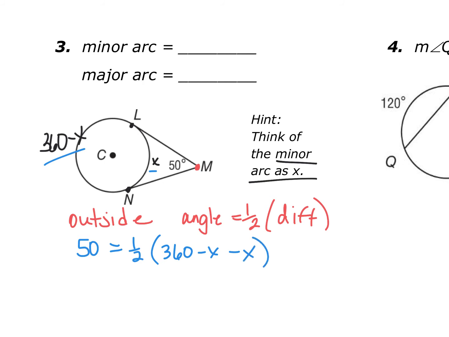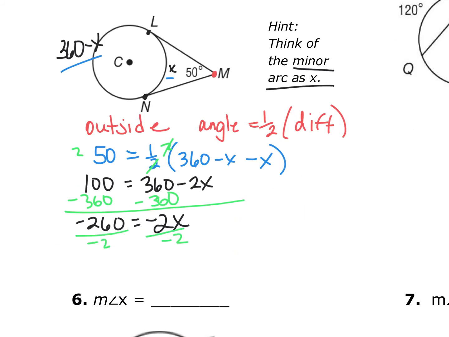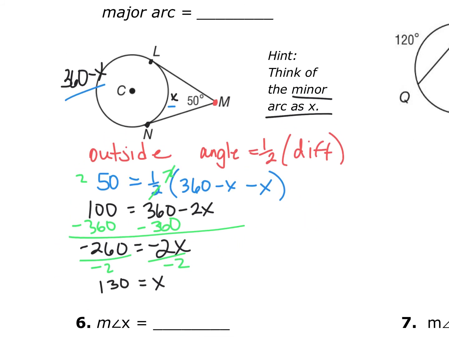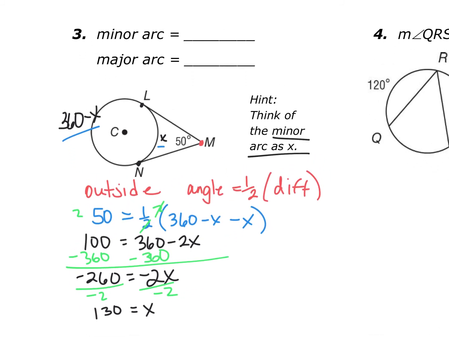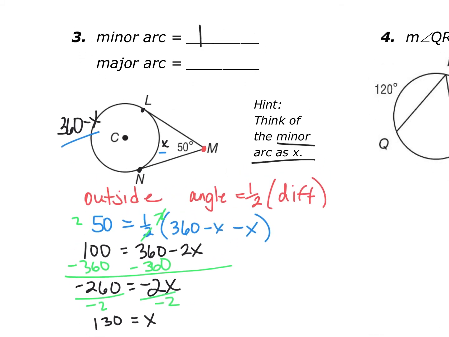And now we just have to solve the equation. And x is our minor arc, so we'll put that here. And the rest of the arc is 360 minus 130, so we get 230.